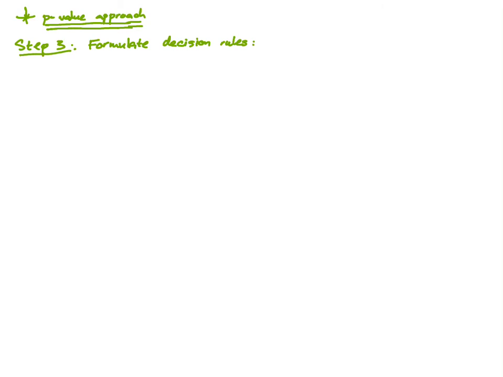Recall that alpha is equal to 0.01, 0.05, and 0.1. So the decision rule is we reject the null if the p-value is less than alpha.